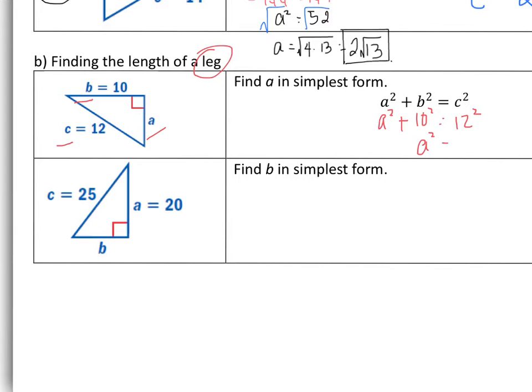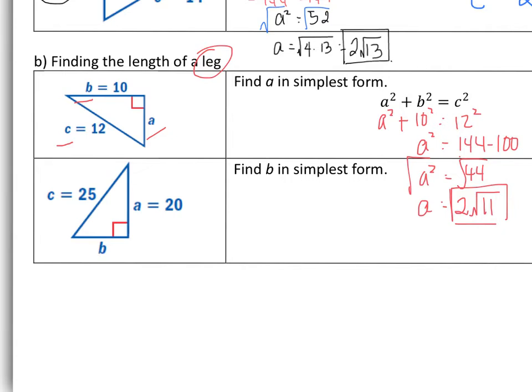A squared equals 144 minus 100. A squared will equal 44, and we take the square root of both sides. And we should get 2 square root of 11 as your answer.